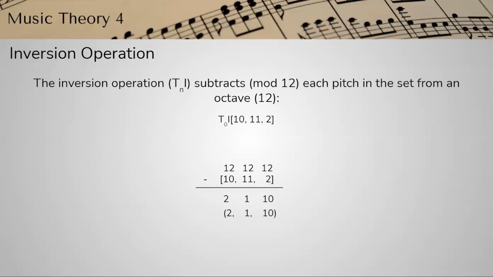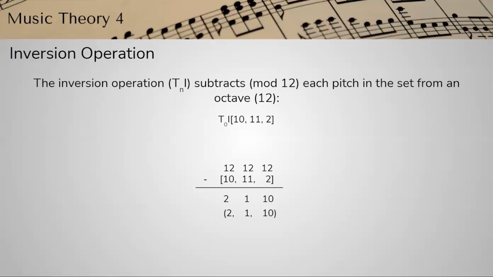So our results from inverting this are 2, 1, and 10. And so if we thought about the intervals, that would actually be the intervals that we would normally get through transposition. But you'll notice that now it's not in its normal form, so it's not even in its ascending form.